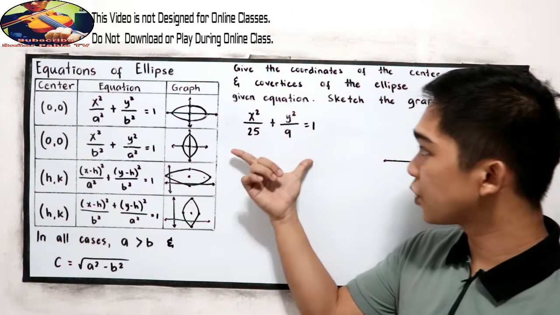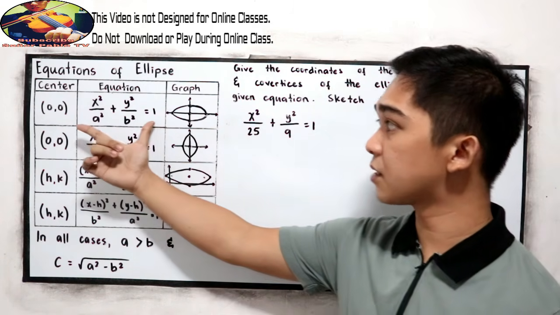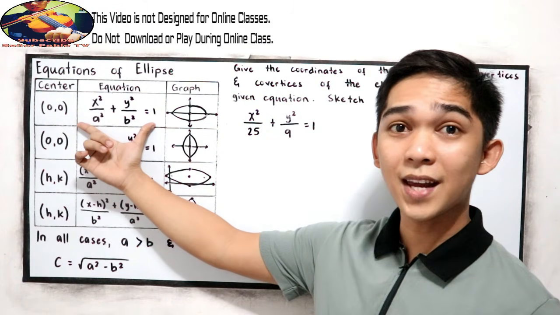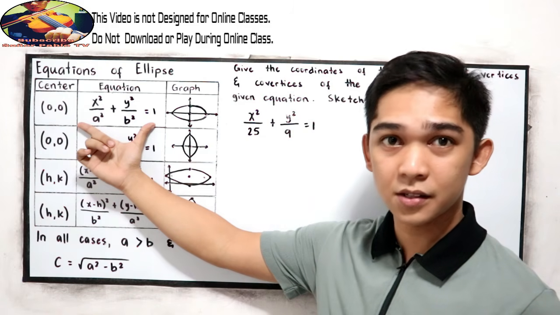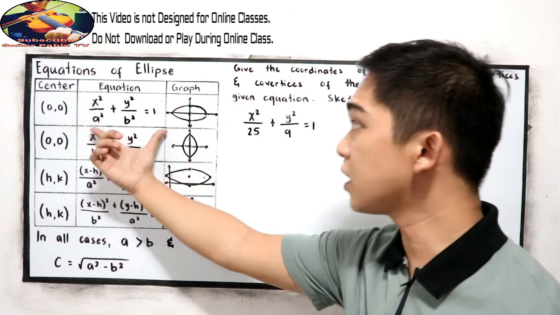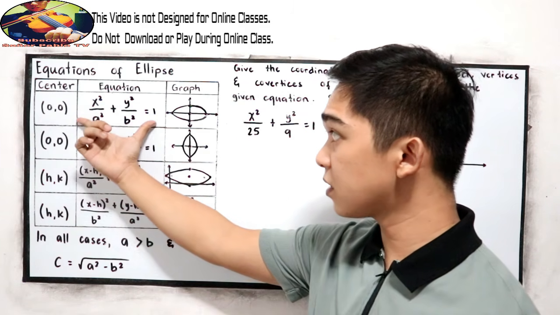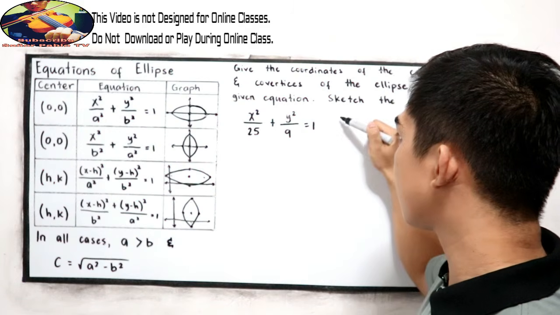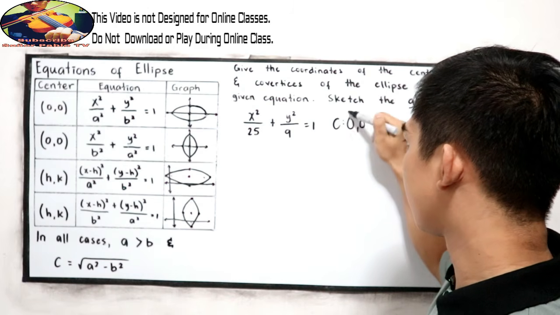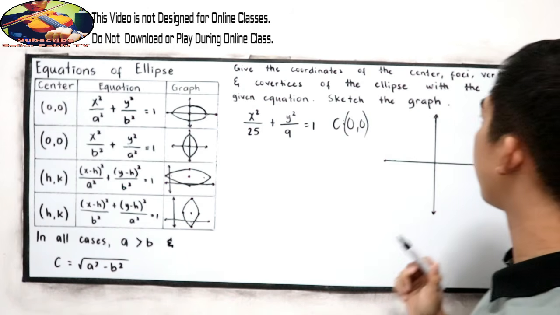So the equation of our ellipse is in this form. So we can easily find out the center. Since our form is in this case, our center is 0, 0.